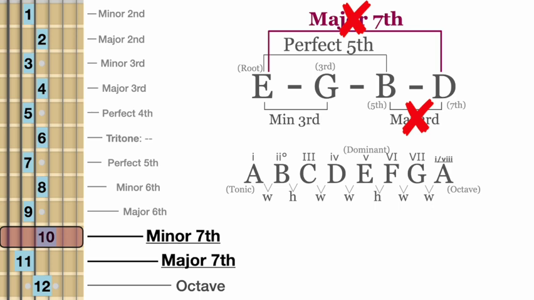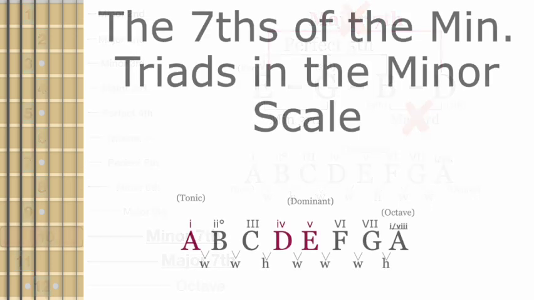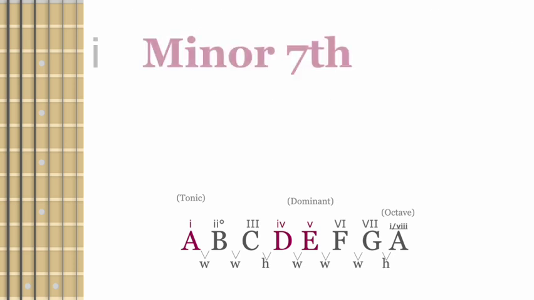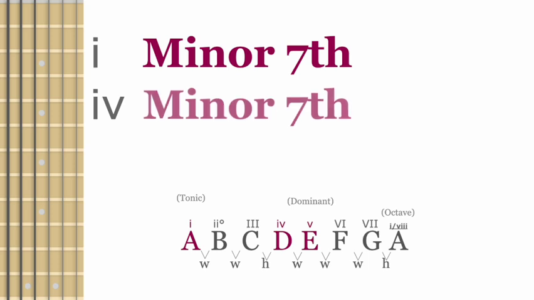It doesn't happen. So therefore, it's much easier. All the sevenths of the minor scale that are based off minor triads are all minor sevenths, every single one of them.